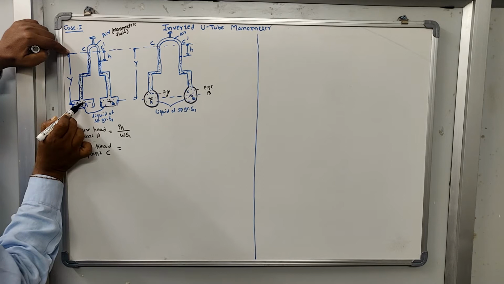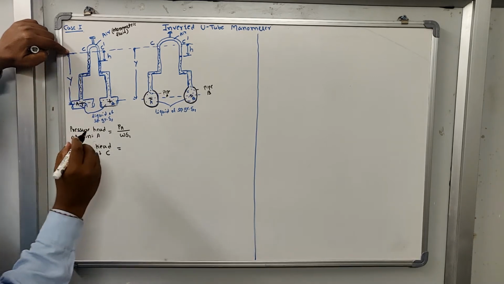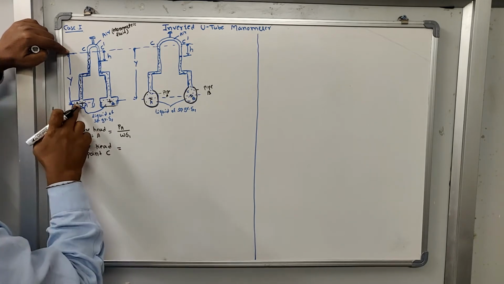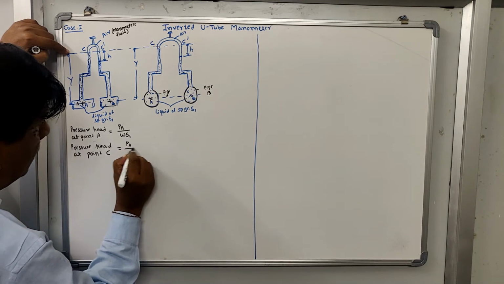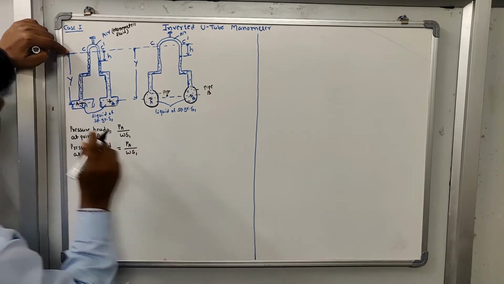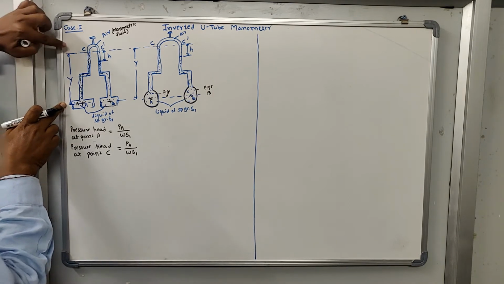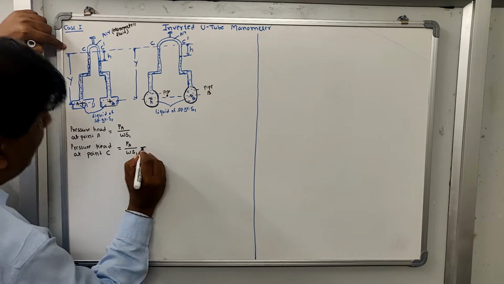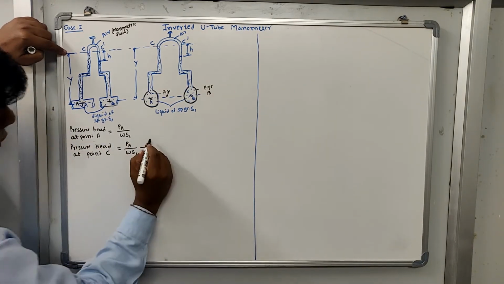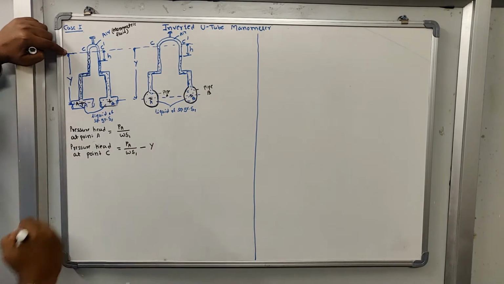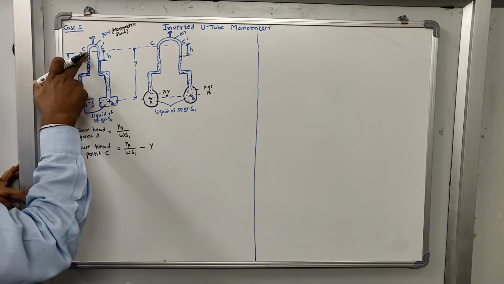At point A we know the pressure head, and C is lying above point A. So the pressure head at point C is equal to PA by W S1, minus this height, y.